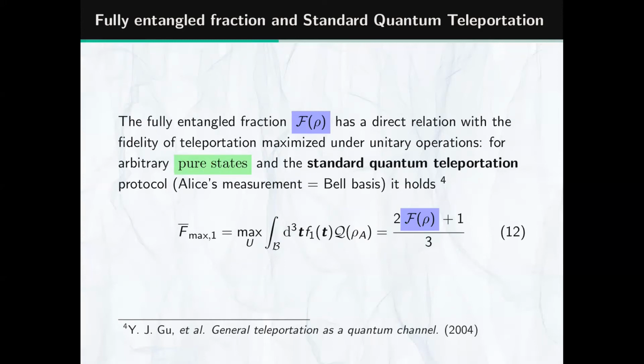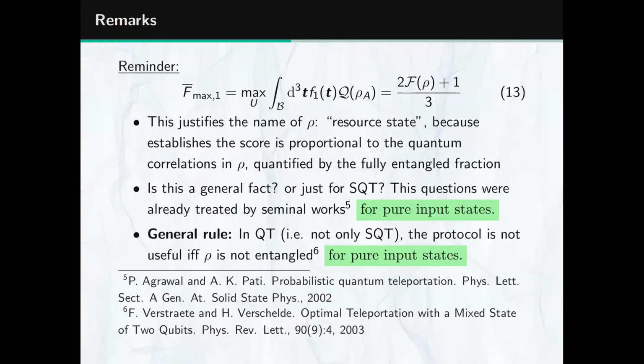If you take this and you take the maximum over your possible unitaries, then you will get that your fidelity is given by this equation, and here you have the fully entangled fraction. This equation justifies the name of rho, because your score basically depends directly on the quantum correlations of your state.